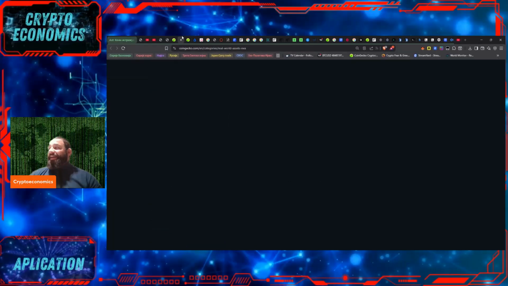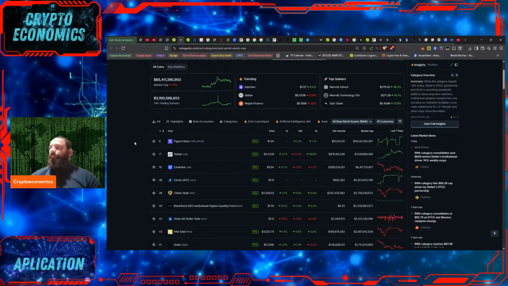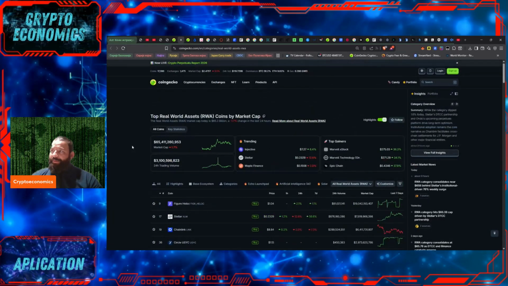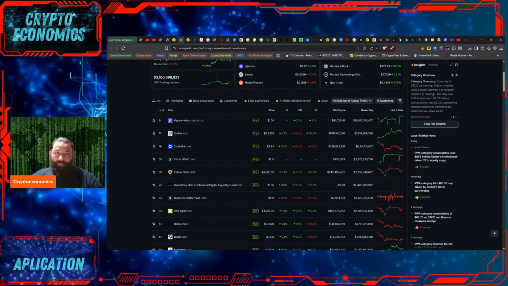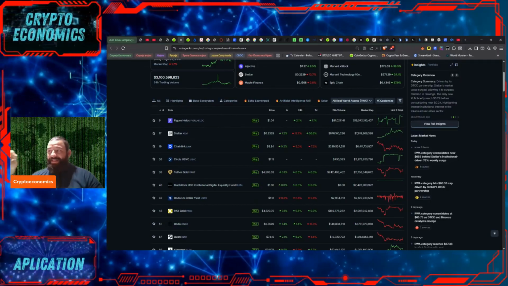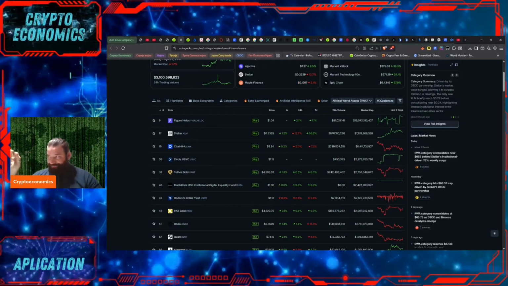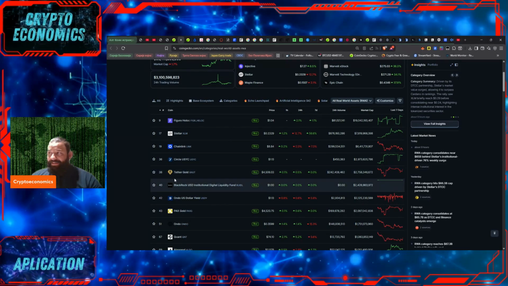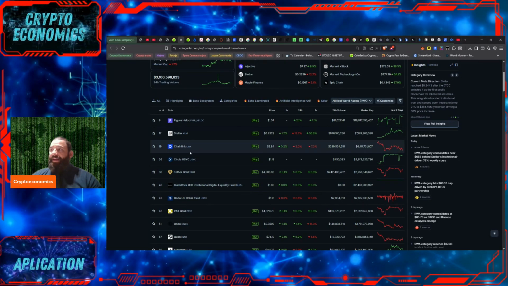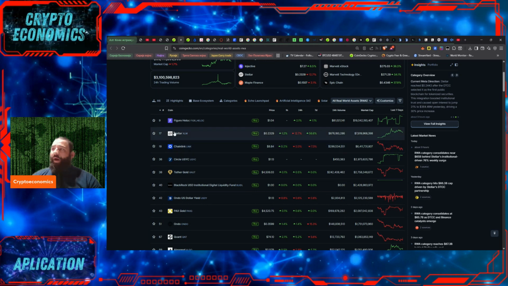Now, beside that, the other projects that are part of this particular sector, like the top real-world asset tokenization projects, are not all of them explicitly connected to tokenization. We can see that there are actual tokenized assets like Tether Gold, or oracles like Chainlink, layer ones like Stellar.